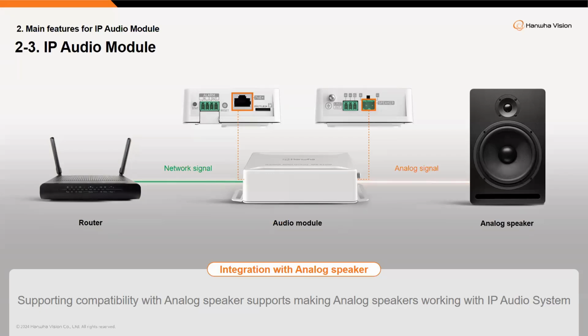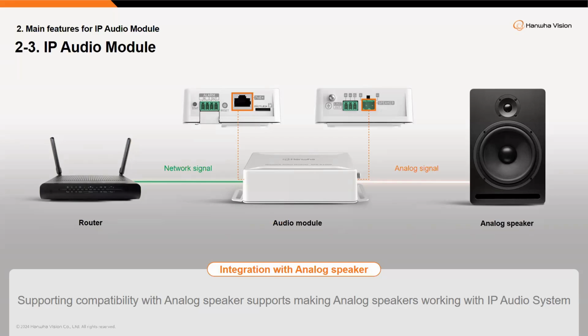If someone says, I have my existing background audio system, I've got old speakers in the ceiling, and I want to rip out all of my amplifiers and paging systems and move to an IP system, we can put in this IP audio module, plug it into the analog speaker, and now it's an IP system.